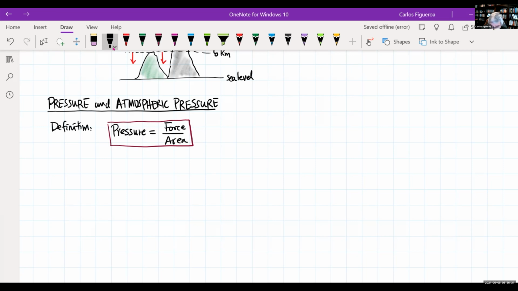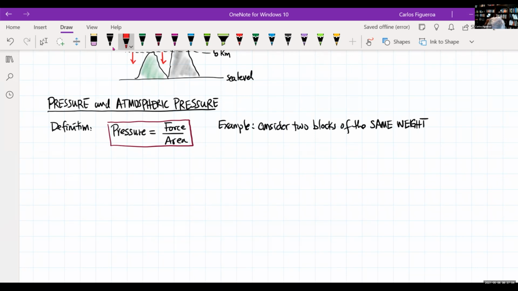As an example, I'm going to say, consider two blocks of the same weight. That means they have the same force. So let's draw two different colored blocks, but the same weight.